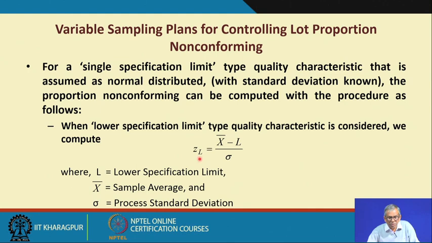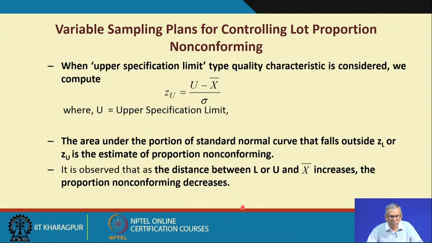ZL is equal to x bar minus L divided by sigma. Here x bar is the sample average, capital L is the lower specification limit, and sigma is the process standard deviation, which is known.